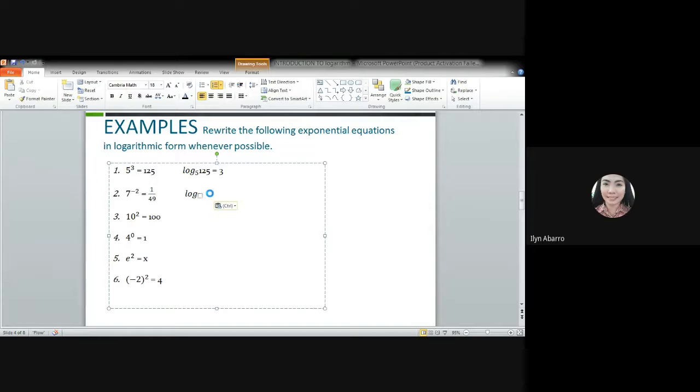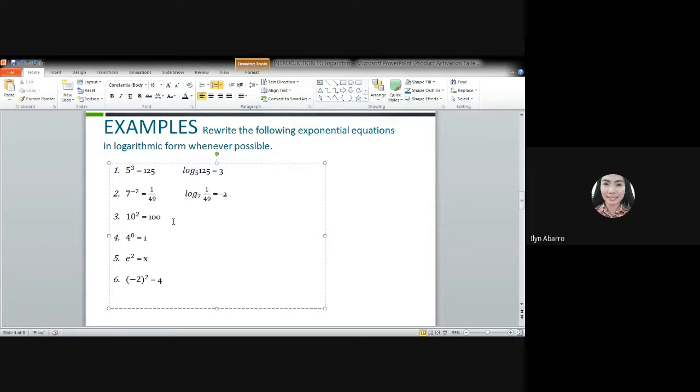The logarithm of 1 over 49 with base, what is the base here? 7. With base 7, what is the exponent? Negative 2. So that is the logarithmic form of number 2.